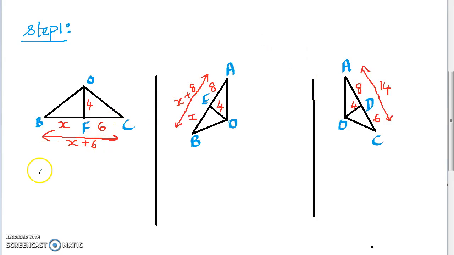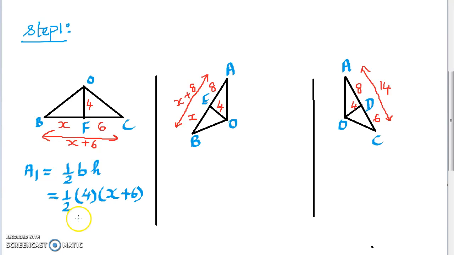Let's take the area of triangle BOC as A1. So A1 is half base into height, which is going to be half times 4 times (x + 6), which will give me 2(x + 6).